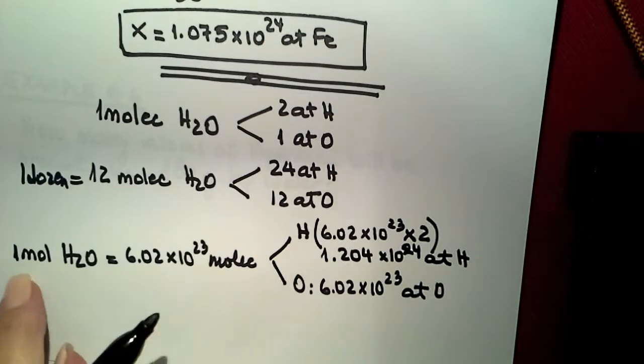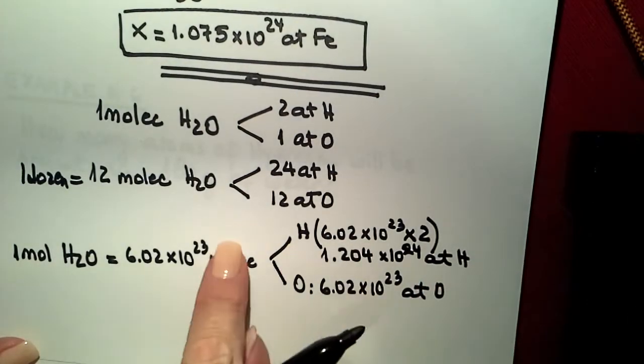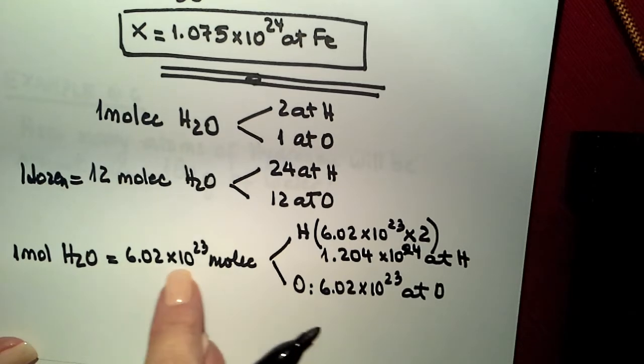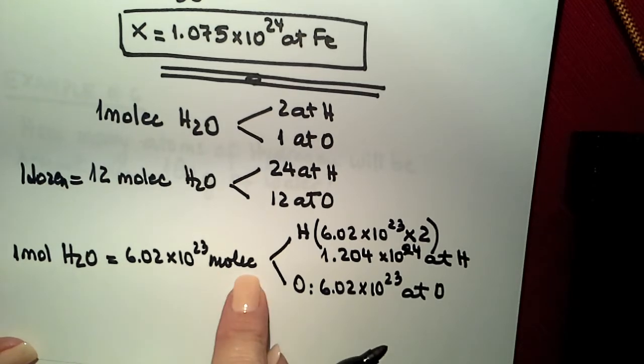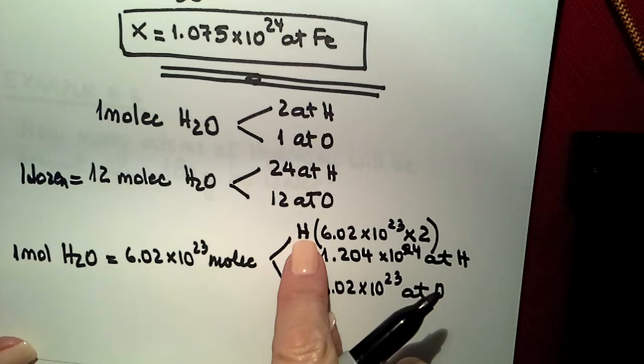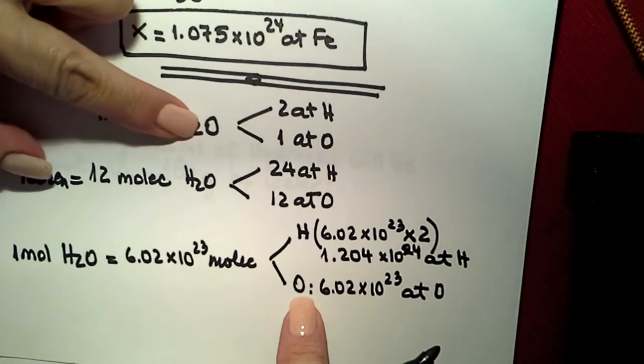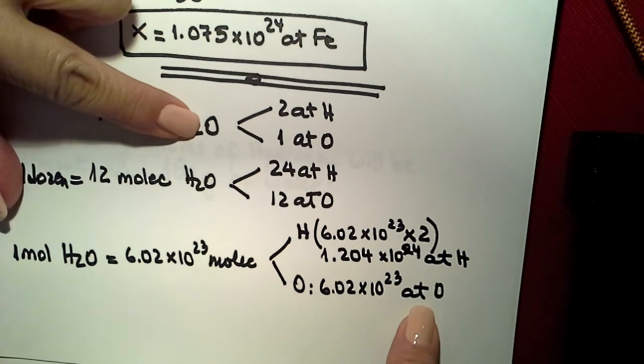So independently of the amount that we have, if we calculate the amount of molecules, we can get the ratio of each atom, because knowing the amount of molecules, we know that the hydrogen is going to be double because it appears twice, and the oxygen appears once, so it's going to be the same amount.